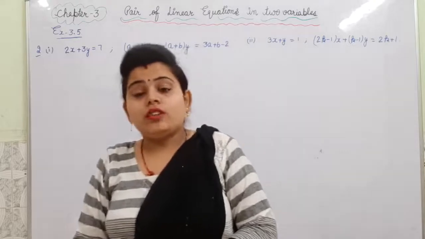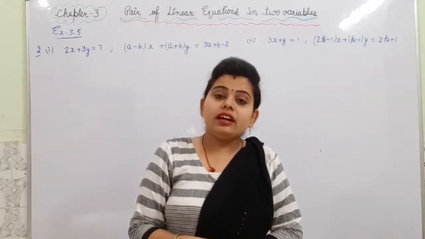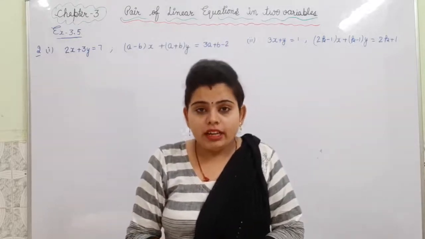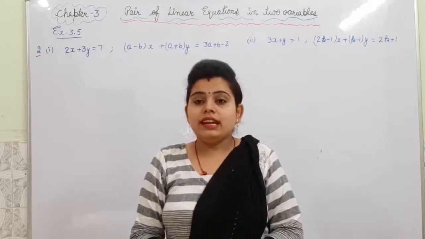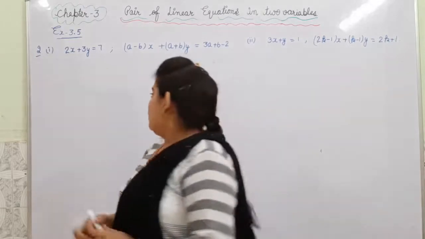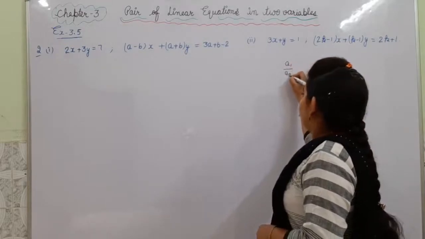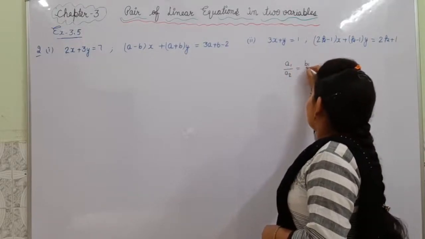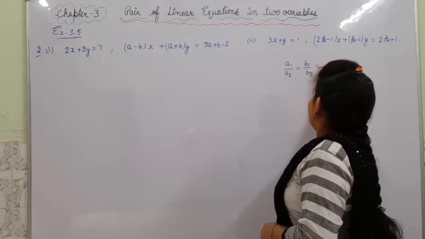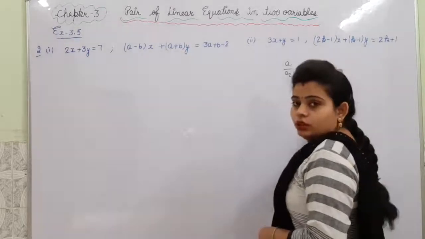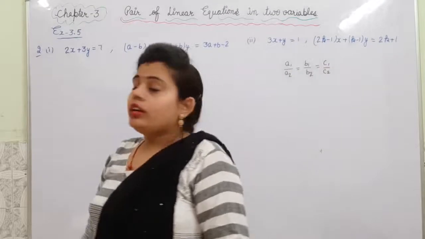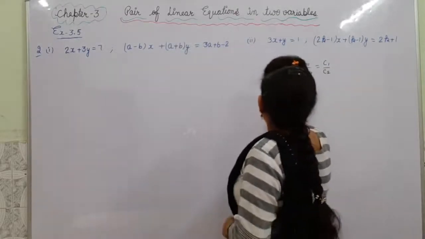Now dear students, first of all tell me, what is the condition for infinitely many solutions? For infinitely many solutions, the condition is a1 by a2 is equal to b1 by b2 is equal to c1 by c2.